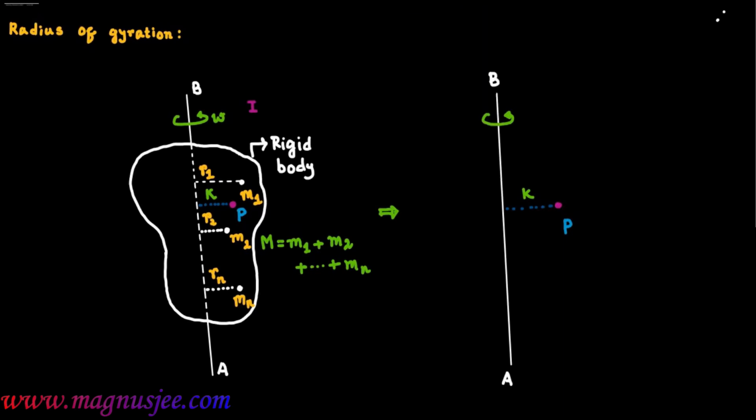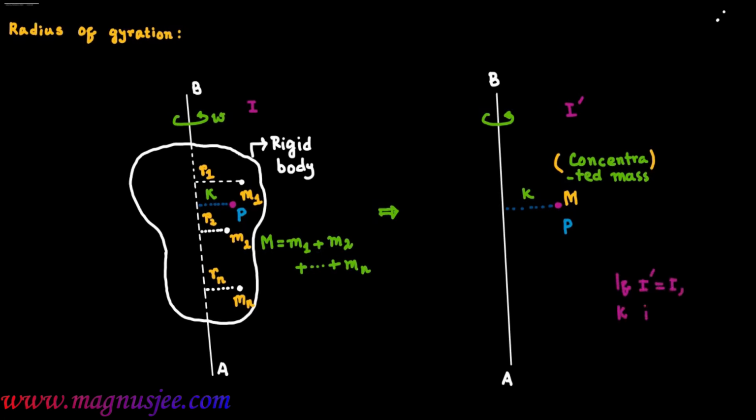That is the total mass of the rigid body which is concentrated at the point P. The total mass capital M is concentrated at the point P, and the point P is at a perpendicular distance K from the axis of rotation AB. In the second diagram, capital M is the concentrated mass at the point P at a perpendicular distance K, and this concentrated mass will rotate about the axis of rotation and will have a moment of inertia I prime.